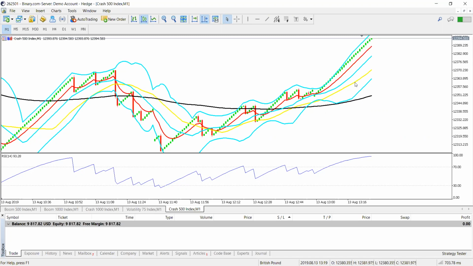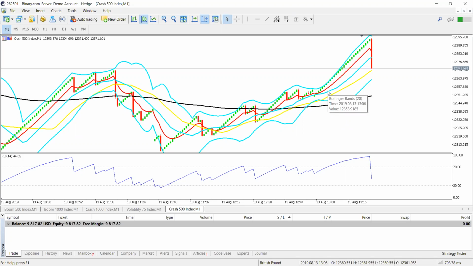Price will bounce on this when it did not bounce on the moving average 10 and did not bounce on the Bollinger Bands, it's definitely going to bounce on the 35.